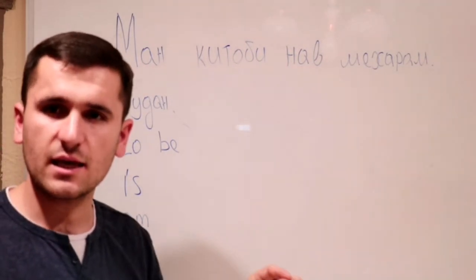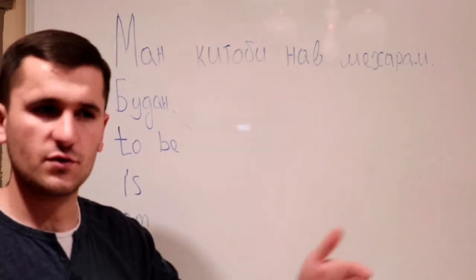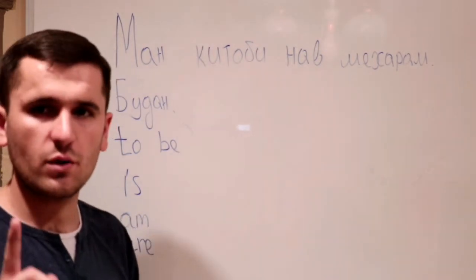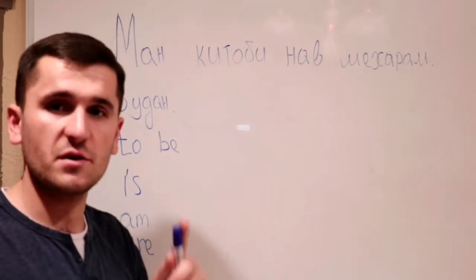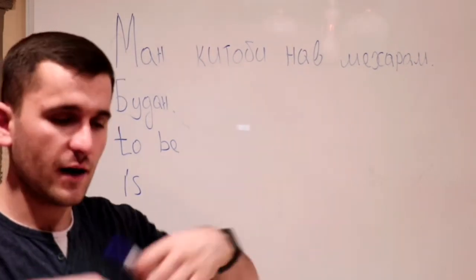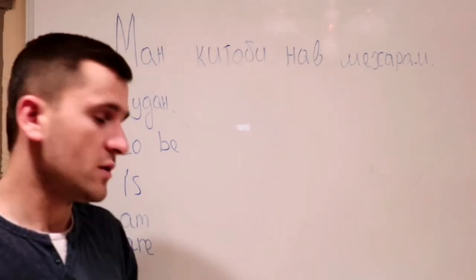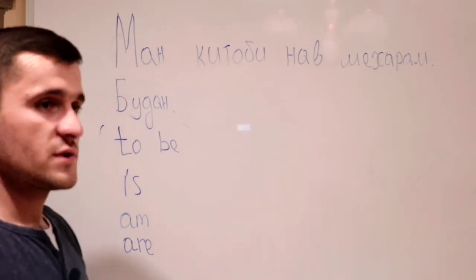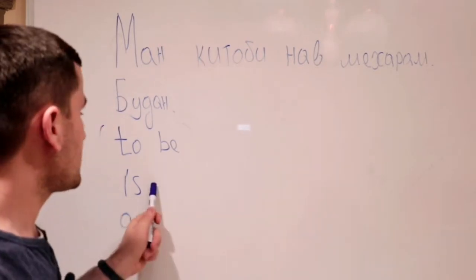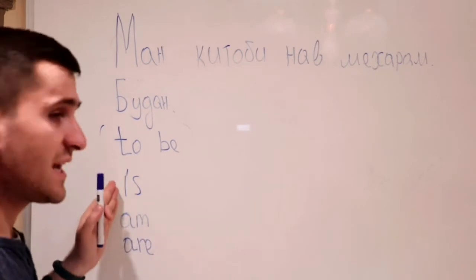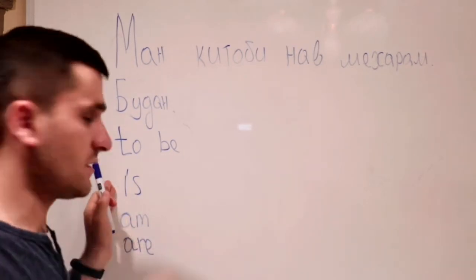Because they means many people, not only one, but many persons. For example, maybe 2, maybe 3, maybe 10, maybe 1,000, and so on. So, for example, we use he is a doctor. We use is with he, because he is only one person.